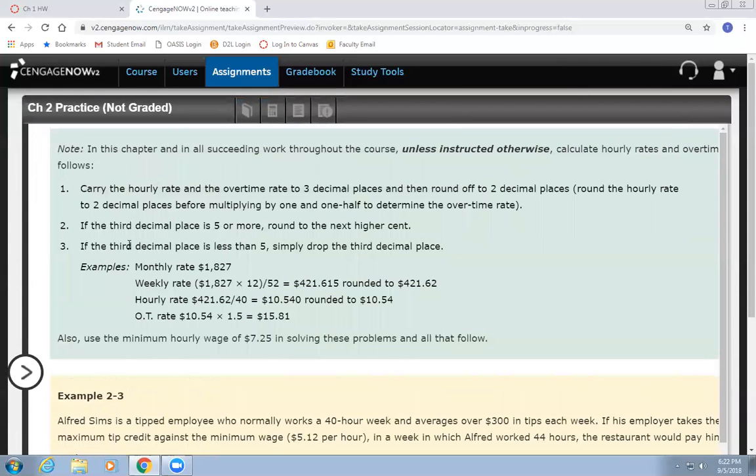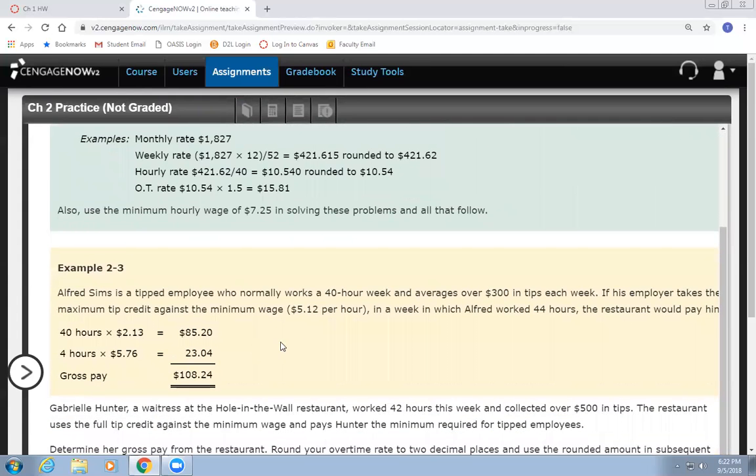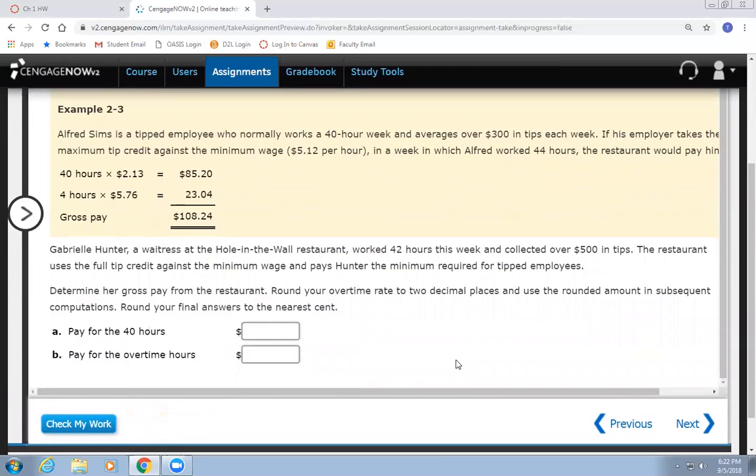And in this one, we are dealing with a tipped employee. Again, they give us basic information and an example to look at. We have Gabrielle Hunter, a waitress at the Hole in the Wall restaurant, who works 42 hours this week and collects over $500 in tips.